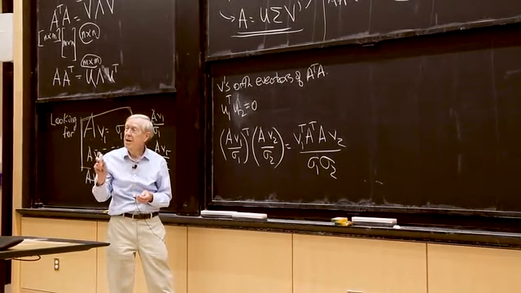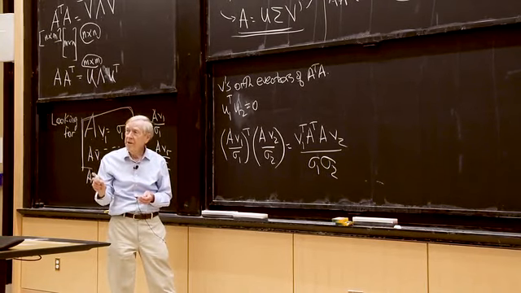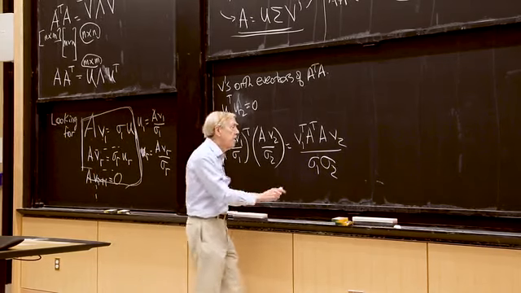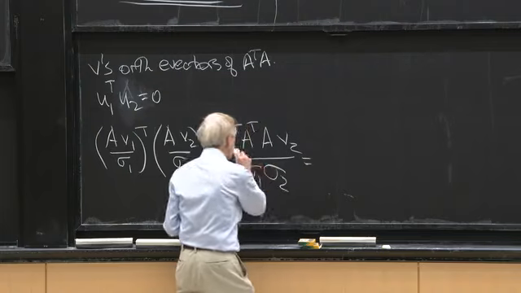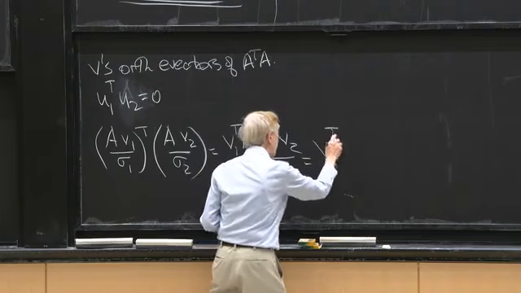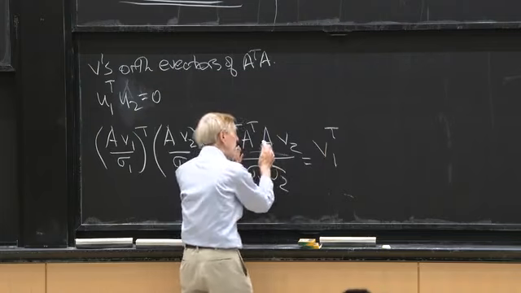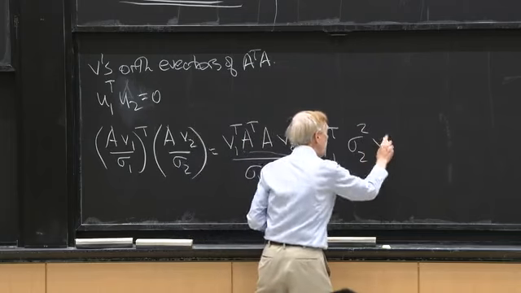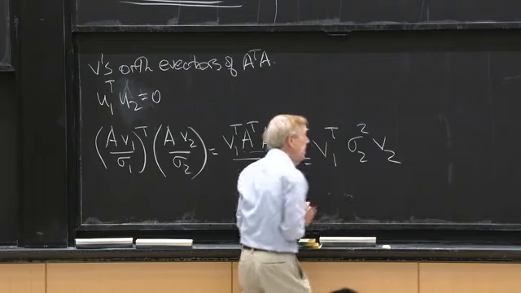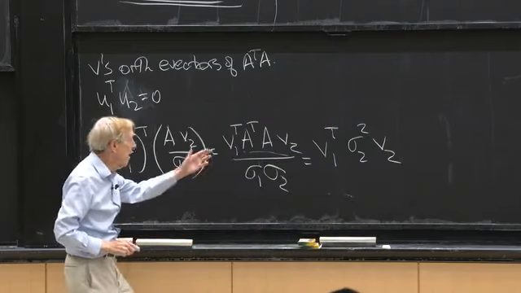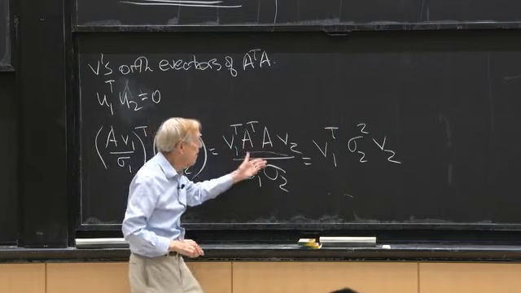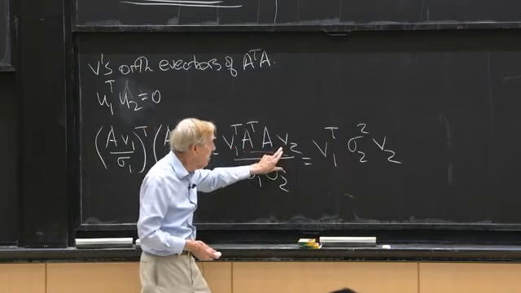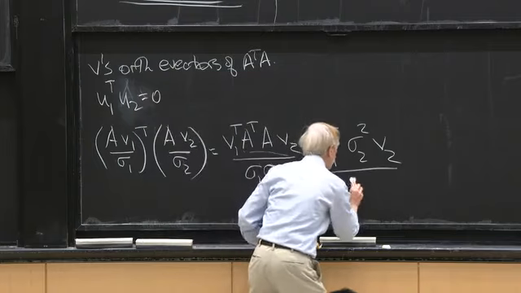V2 is an eigenvector of A transpose A. Terrific. So this is V1 transpose, and this is the matrix times V2, so that's sigma 2 squared times V2. It's the eigenvector with eigenvalue sigma 2 squared times V2, divided by sigma 1, sigma 2.